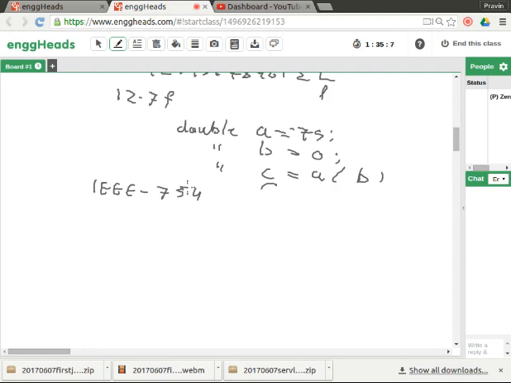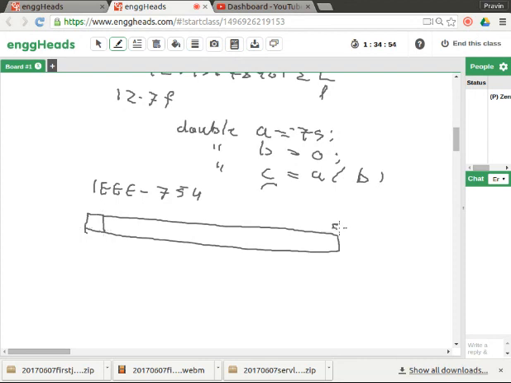Okay, so according to this standard, whatever the number of bits are, I am not giving the exact numbers, let's say 32-bit. So in that, bit positions will be from 0 to 31. Your bit 31 is the sign bit.